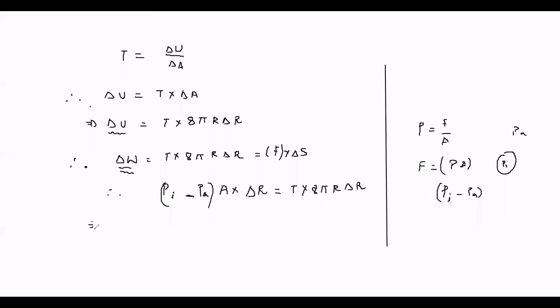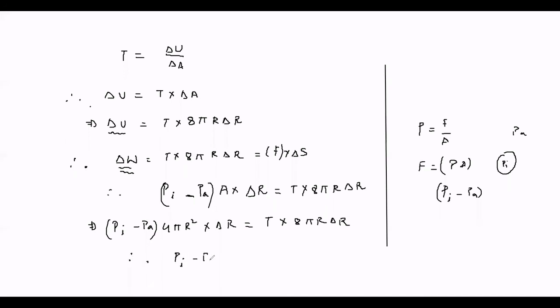So finally, Pi minus Pa into the formula for A, we can substitute, that is 4 pi R square into delta R, equal to T into 8 pi R delta R. Therefore, I need to calculate Pi minus Pa.